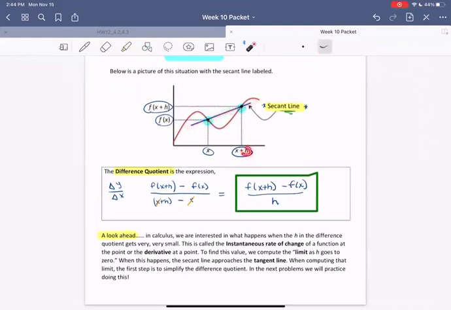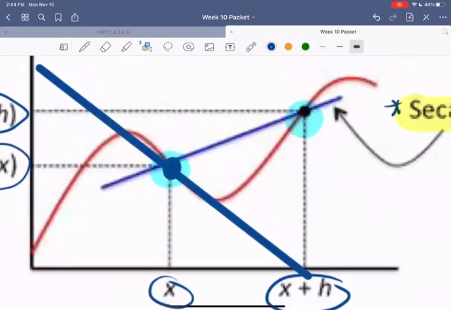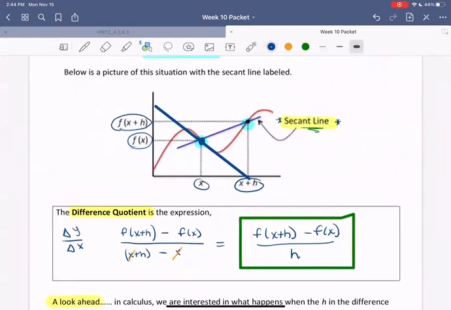When h gets smaller, this point over here scoots closer to the x. So our secant line changes on our graph, and as h gets closer and closer to 0, we get a line here that's very close to what our graph actually looks like when we zoom in. This line you'll learn in calculus is called the tangent line.